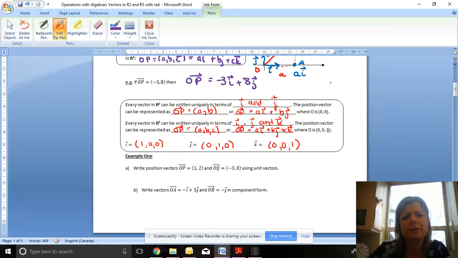Because if you draw it, minus 3, 8, there's your OP, and here's your i, and here's your j. You're multiplying your i by negative 3 to get this resultant here, and then you're multiplying your j by 8 to get that vector there, and the addition of them is your vector OP. Just for your reference, this is called coordinate form.